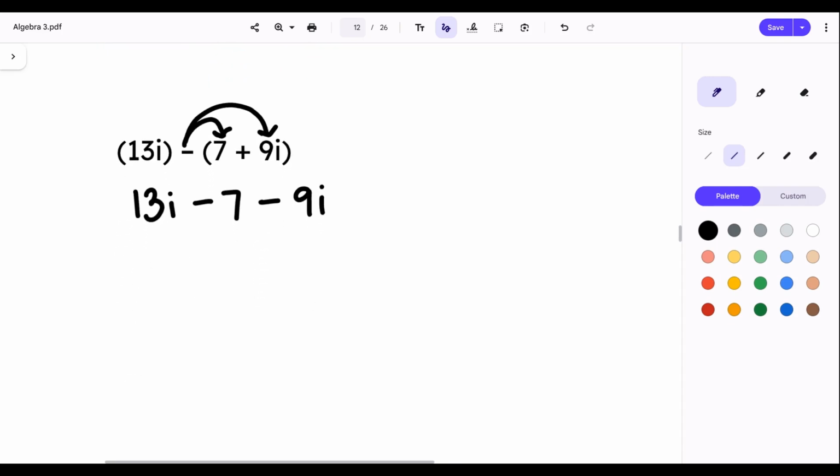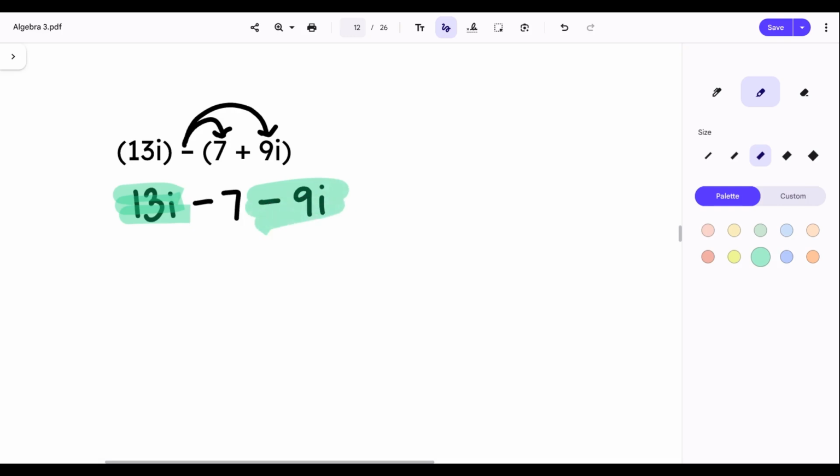So what I'm going to do now is I notice, again, I can highlight here that I've got 13i and the negative 9i. Those go together. And then this negative 7 is all by itself. When we write our answer, though, we always put the regular number, the real number, part first. So negative 7 doesn't have anything to go with, so I'm just going to bring negative 7 down.